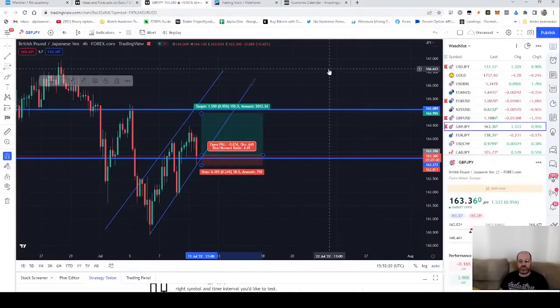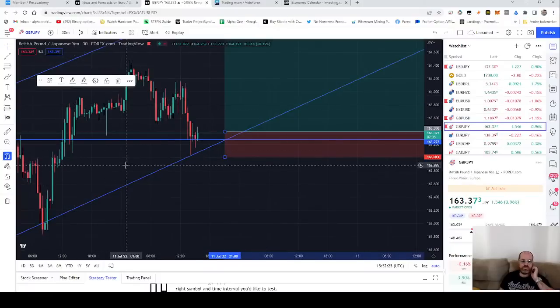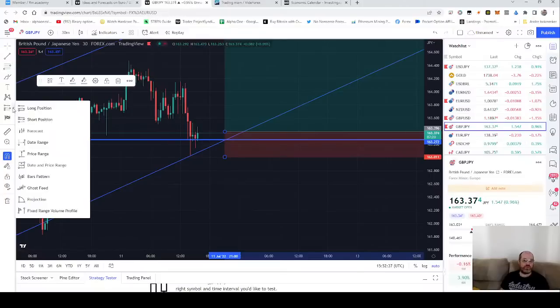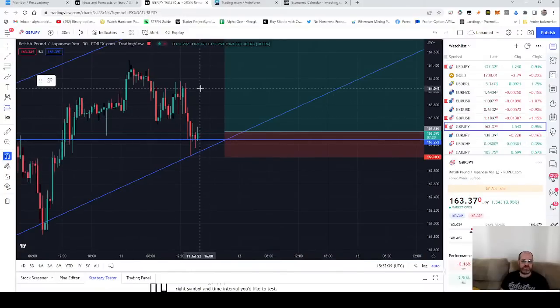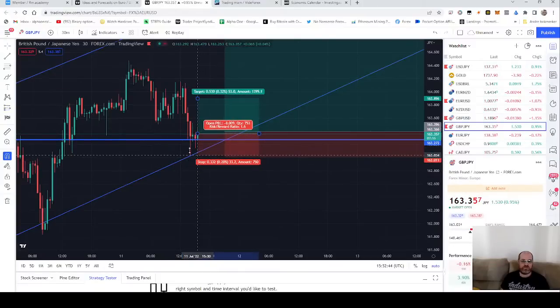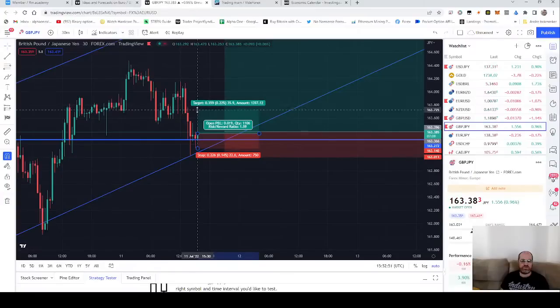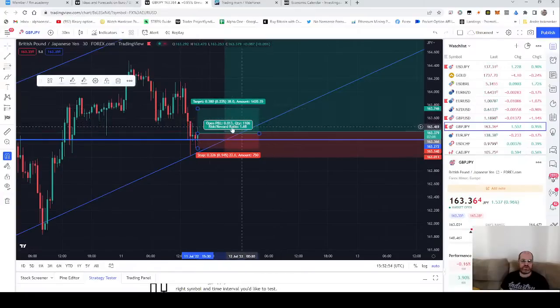Let's go down to the 30 minutes and see how things look. And we see basically the same thing. We can see that we are respecting this support. Day trading wise, we are not looking for so big a profit. Here I would be targeting something like this, a little tighter, like there for example, and take something like 1.5, 1.6.